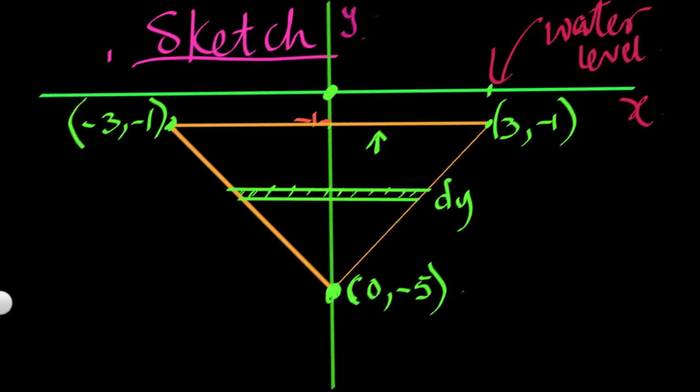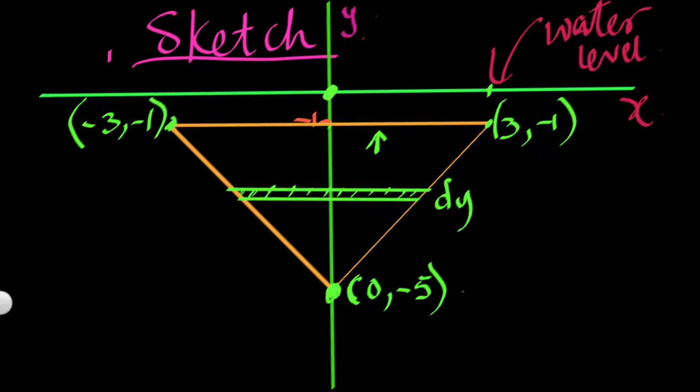Okay, the first part of the question says, sketch the plate and show the representative strip that you will use to calculate the area moment of the plate about the water level. If you do this, you will be given all the marks for doing that part of sketching the plate and showing the representative strip about the water level. This is what you have done. Then they said, calculate the relation between variables x and y.